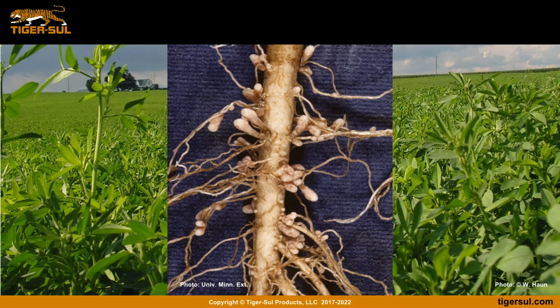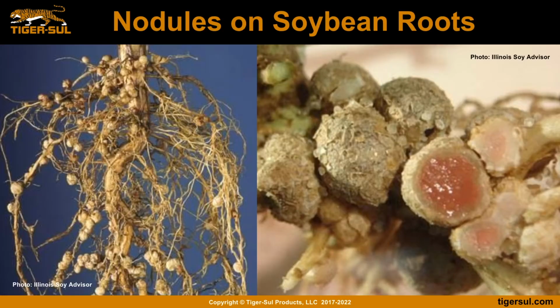Legume nitrogen fixation nodules: rhizobia bacteria in the soil infect the roots of legume plants and cause an infection that creates little structures we call nodules on the roots themselves. As you can see in this slide, these are nodules on an alfalfa plant, and these are nodules on a soybean plant.